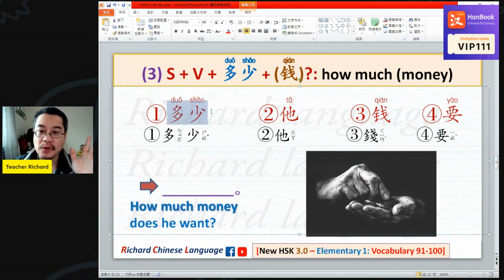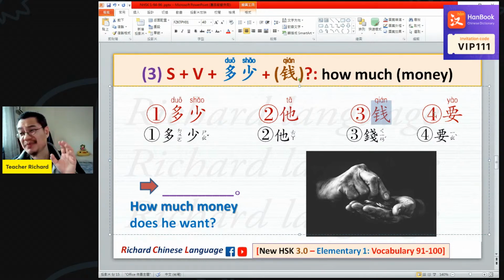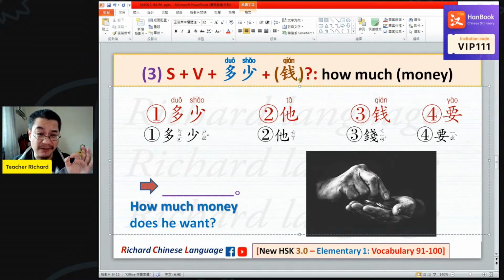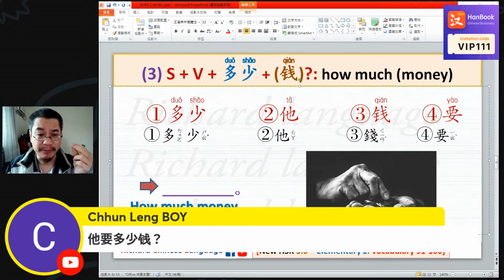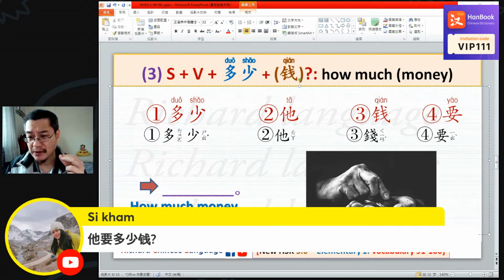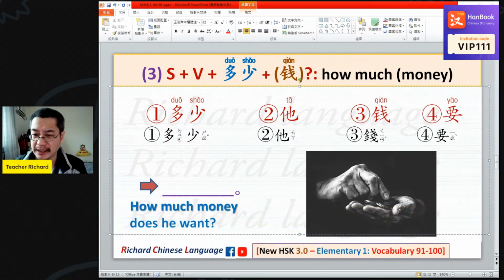What's the answer? 多少, how many or how much? 他要多少钱? Very good. It's not that difficult.